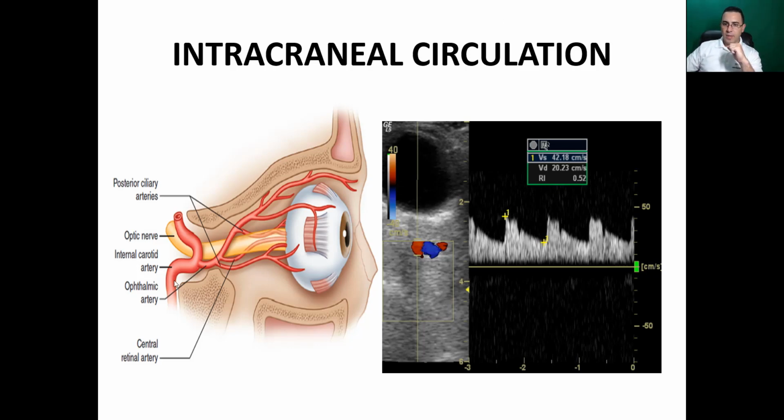Okay, this is the internal carotid, and once the internal carotid becomes intracranial, it's going to give you this curve in here, this loop, that we call the carotid siphon. That's a siphon, all right, carotid siphon.